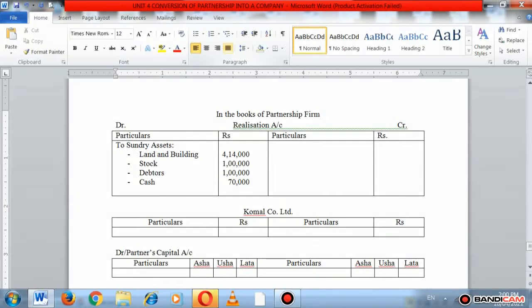Okay, here debit side and credit side. On debit side we prepare a 4 column, and on credit side we prepare a 4 column.